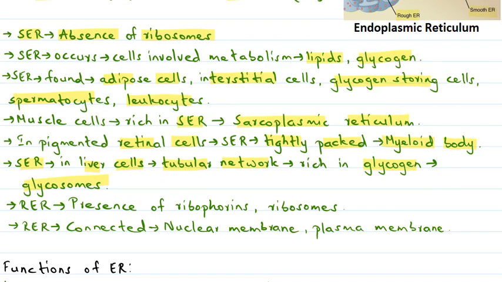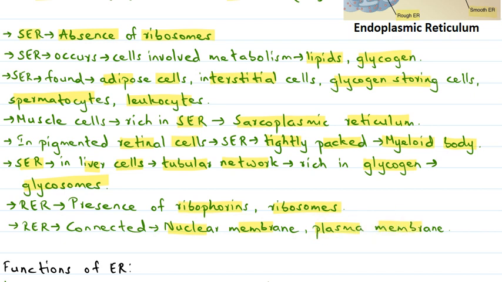Then the RER is called the rough endoplasmic reticulum because it has the presence of ribophorins and ribosomes, which gives a rough appearance on the surface. Now this rough endoplasmic reticulum has more cisternae than vesicles and tubules, and it is connected to nuclear membrane and the plasma membrane.